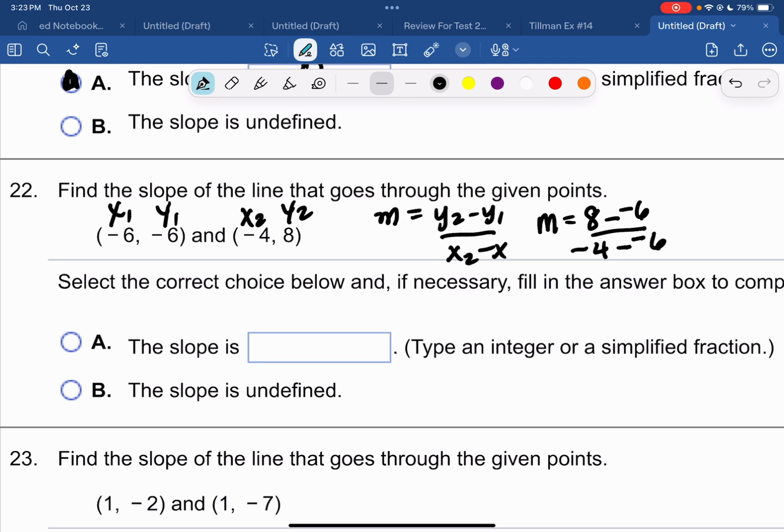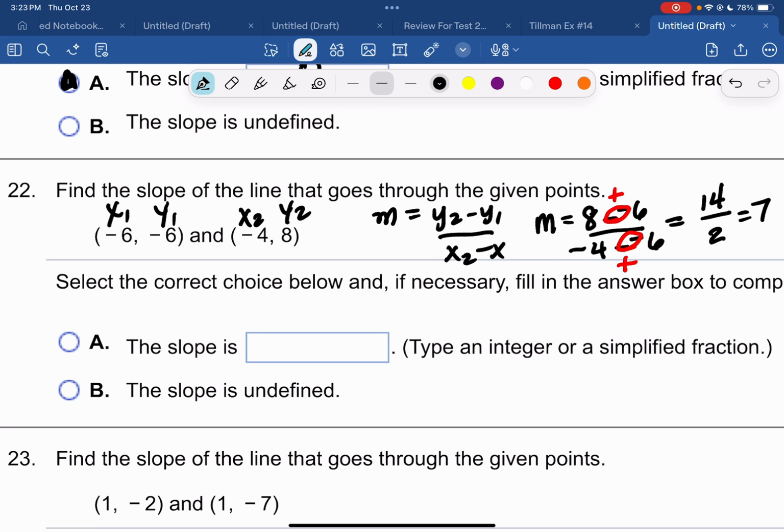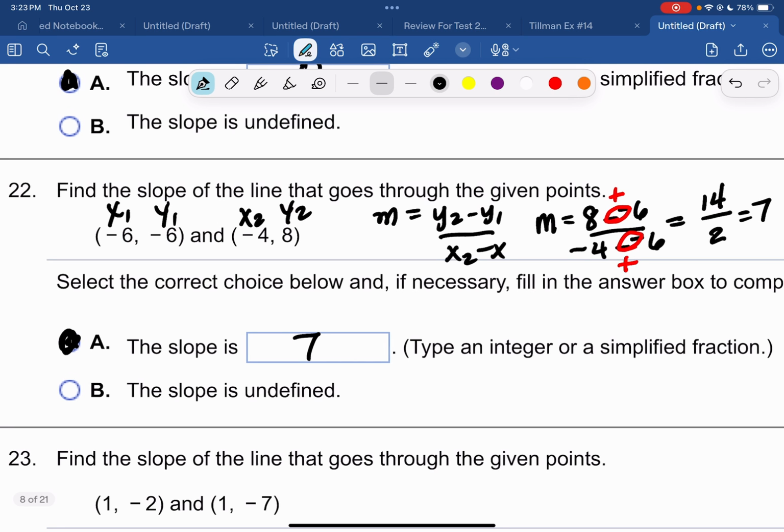Then I went back to the negative 4, subtract the negative 6. And so these double negatives, a subtract and a negative, that's double negative. So those are going to be pluses. 8 added to 6 is 14. Negative 4 plus 6 is 2. My slope is 7. This line has a positive slope. If you graph those points, you'll see the line going uphill from left to right.